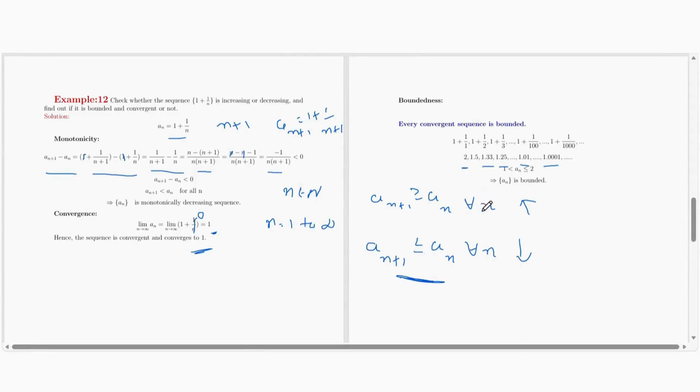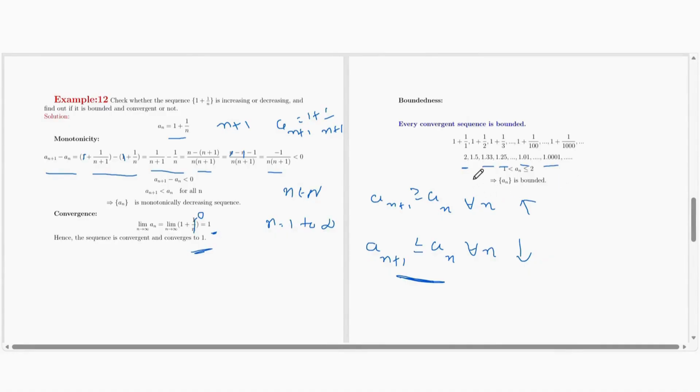As we move towards infinity, we notice that the sequence starts from 2 and then keeps getting smaller. Say yes or no? No term goes above 2. Here 2, 1.5, 1.33, 1.01, 1.0001.